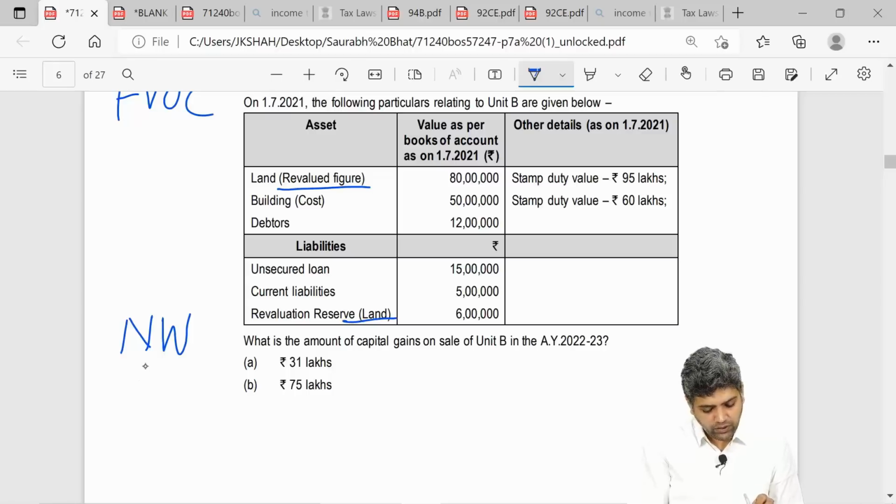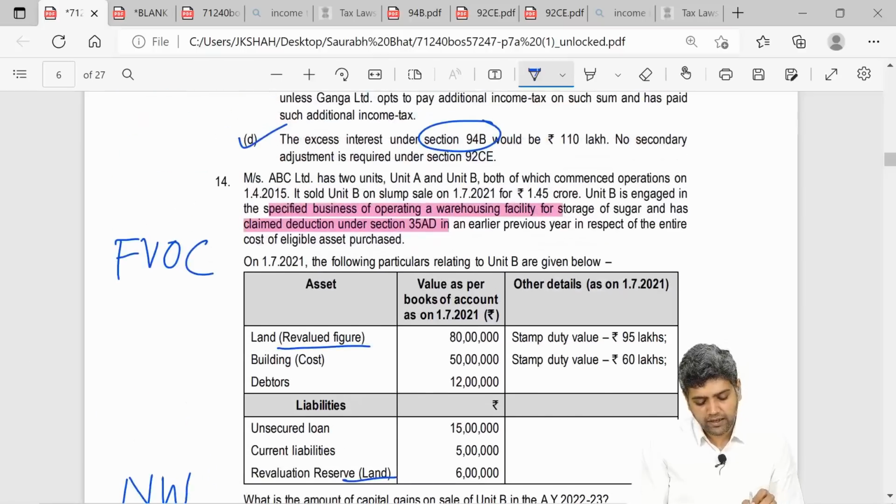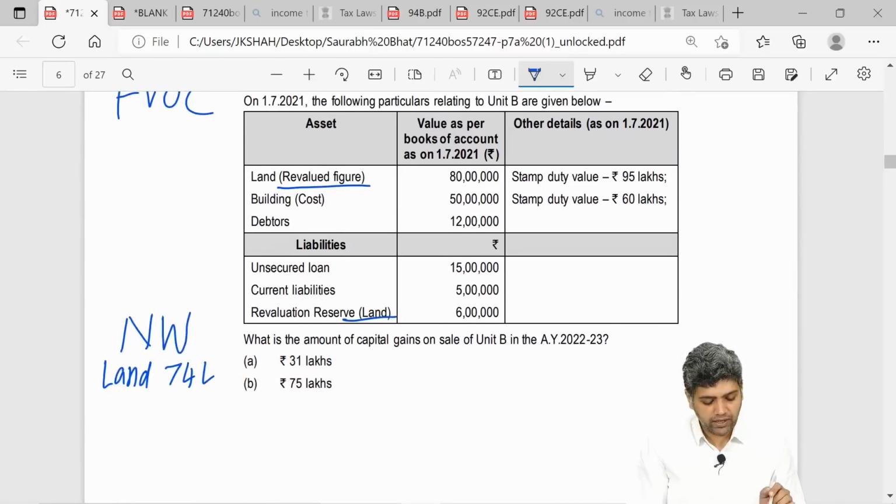So in my net worth computation, I will consider land at 74 lakhs, that is 80 minus 6. Building, they have given us cost of 50 lakhs, but be mindful of the fact that building was used in the specified business under section 35AD and therefore 100% of the cost would have been deducted while computing the deduction under 35AD. So right now building I will consider as 0, nil.